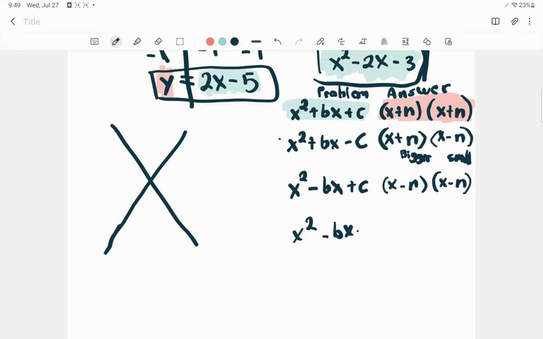And, oh, shoot. Man, there we go. Again, we're going to have x minus n. We're going to have x plus n. But this time, this number is going to be big. This number is going to be small. Okay, that's all the rules that you need to know for right now.